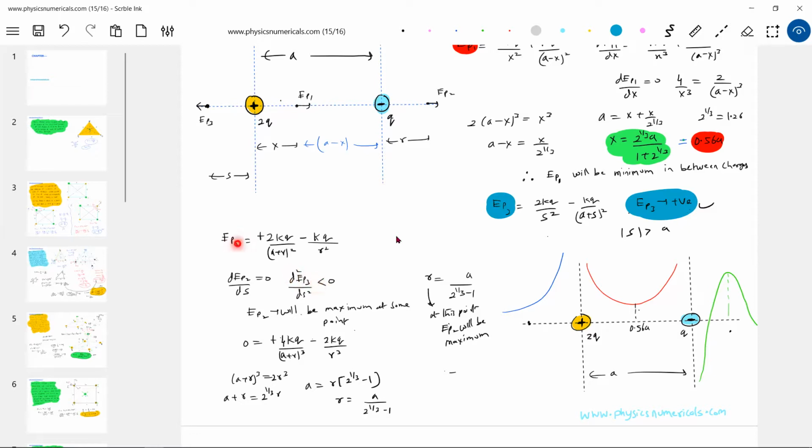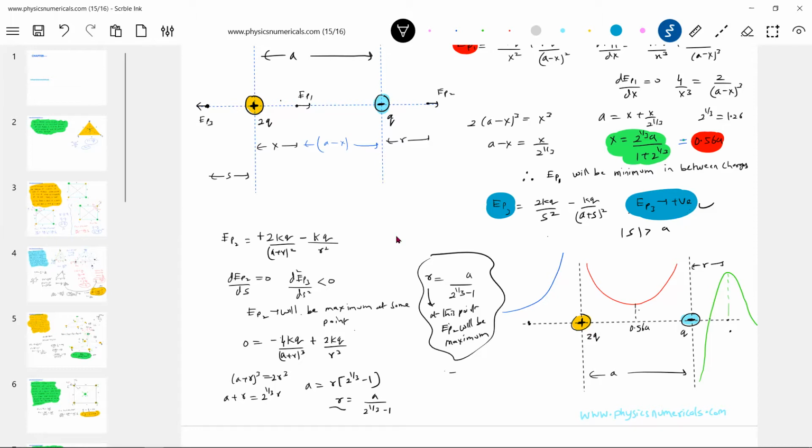Then for EP2 equal to 0, the first derivative of this equal to 0. Solving this, we end up with (a plus R) whole cube equal to R cube. Solving, I'll get an expression for R. So there's a point, R equal to this value, at which the field will be maximum. For R less than that value, at a certain point it will be 0 also and then negative also.